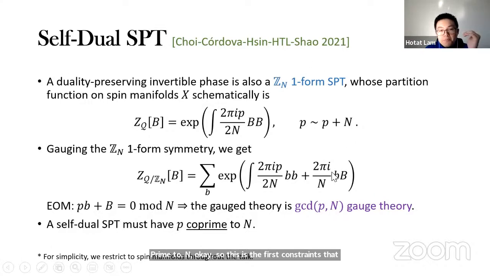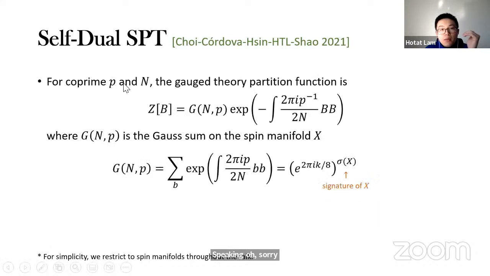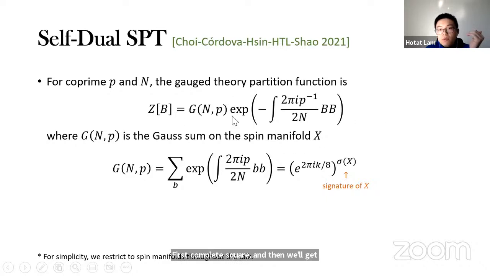Now for P and n that are coprime, we can evaluate the partition function explicitly. We can first complete the square, and then we will get a phase factor proportional to B cup B, with a coefficient minus P inverse. Recall that P and n are coprime, so I can always define an inverse of P in the Zn ring.